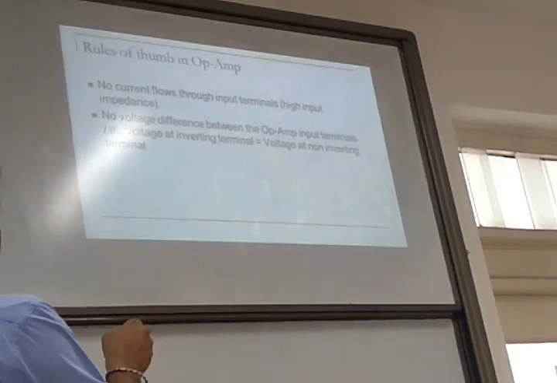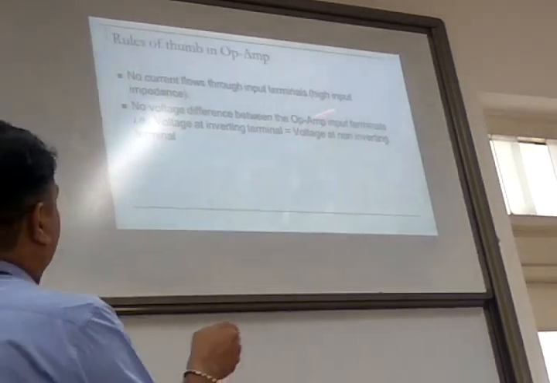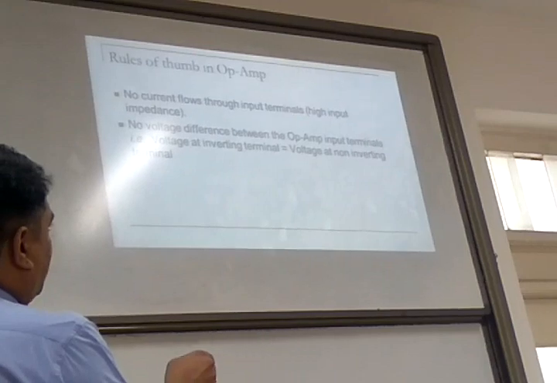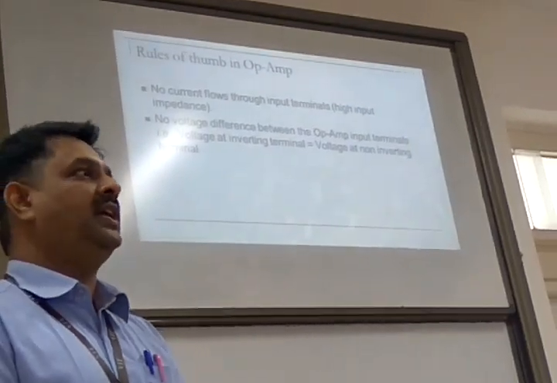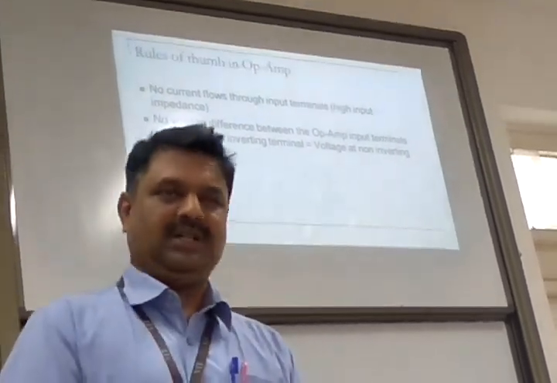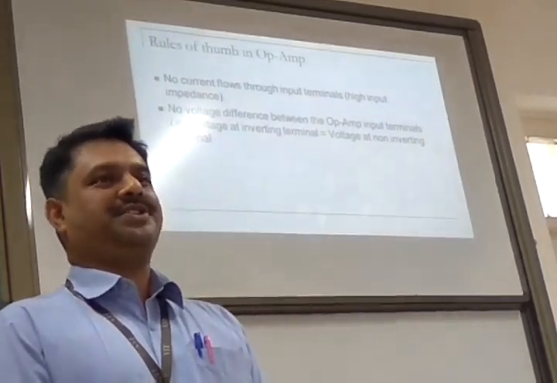And the second rule: no voltage difference between the operational amplifier input terminals. That means the voltage at the inverting terminal is equal to the voltage at the non-inverting terminal. These two are the golden rules of operational amplifiers.